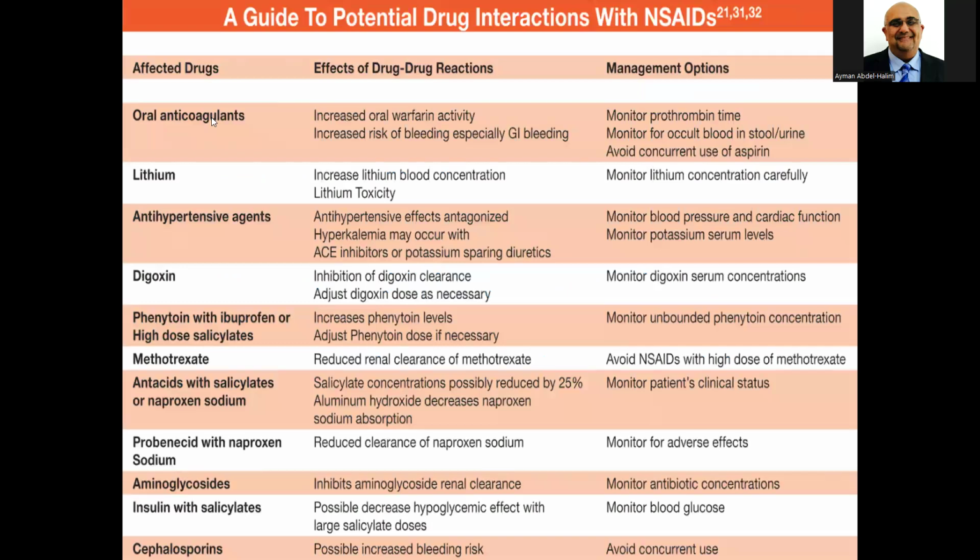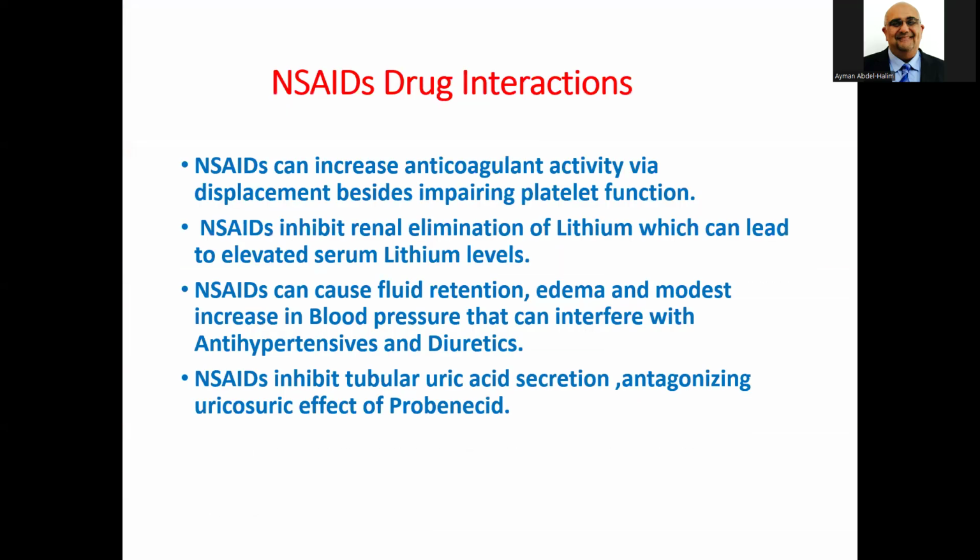And these are some of the drug interactions here. Please take note of this slide. NSAIDs drug interactions can increase the anticoagulant activity via displacement, besides impairing platelet function. NSAIDs inhibit renal elimination of lithium, which can lead to elevated serum lithium levels.